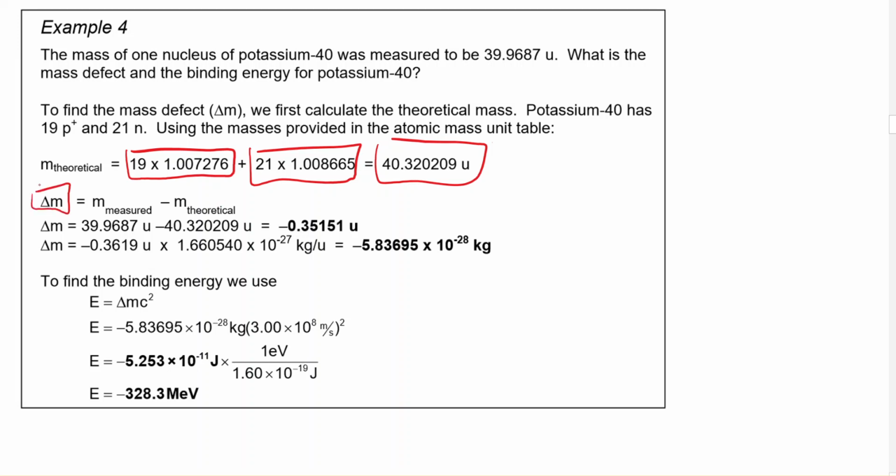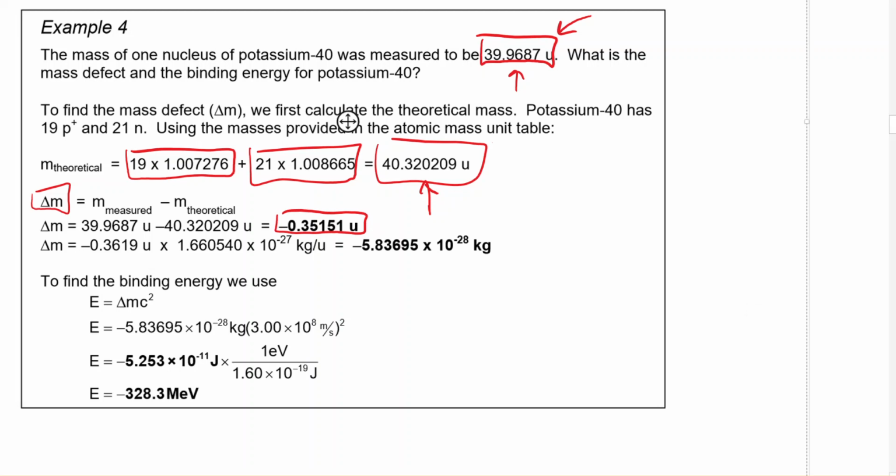So just subtract what the mass was actually measured to be in a lab using a mass spectrometer, and then subtract what you thought it should be, the theoretical. Notice here that we end up with a negative number. You should get a negative number for your mass defect. It's like the energy that's kind of missing. It's the energy that's going into holding the atom together.